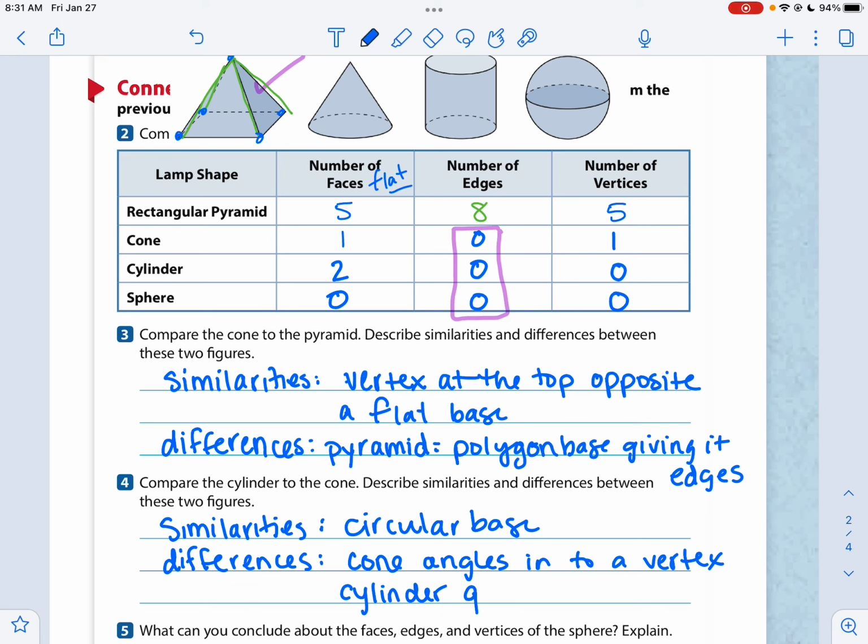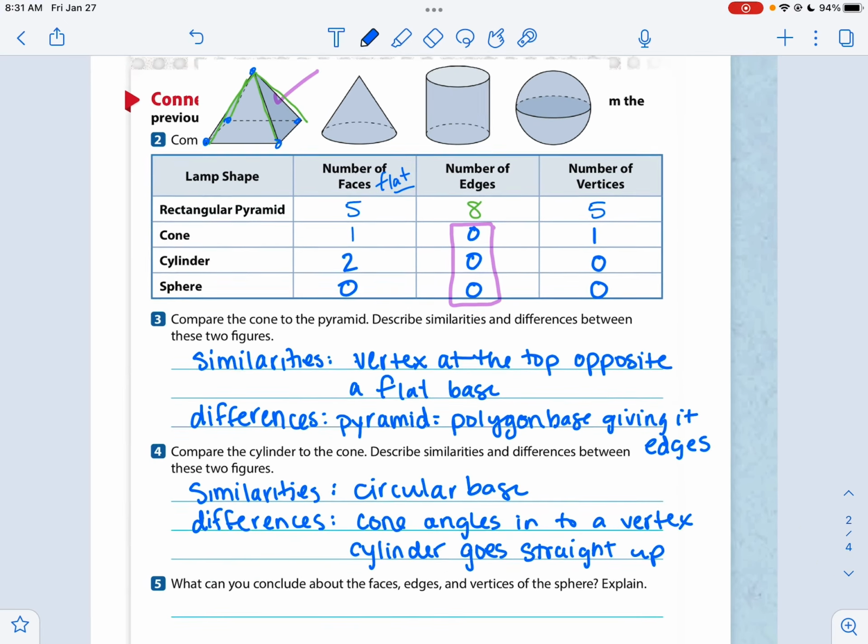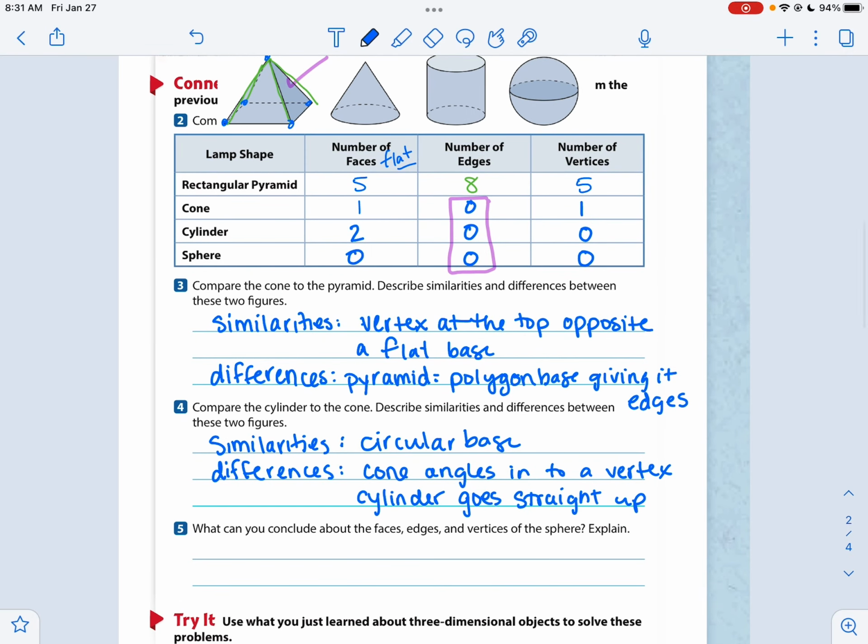It's not the technical way to say that, but it's enough to analyze differences. It's what you'd be looking for if you were trying to decide which one was which. What can you conclude about the faces, edges, and vertices of the sphere? Just that it has none. It's all one big curve.